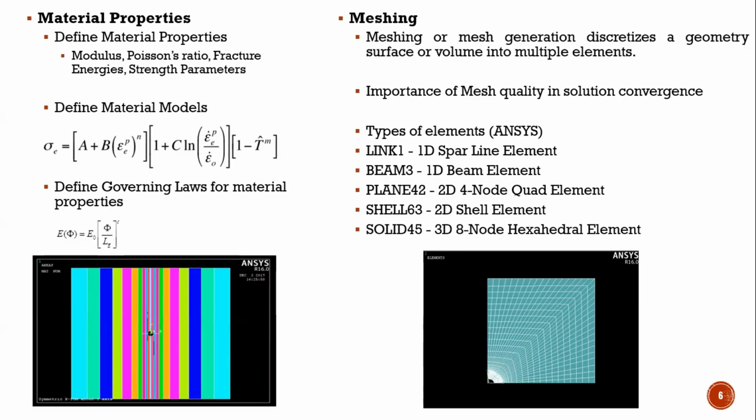Then we have to define our material model. This particular one is the Johnson-Cook material model that we use for metals. Generally in software packages, when we define any geometry or a problem at the beginning, it considers its own material model. But if you want to go for a specific material model, using user subroutines, we can define our own material models and integrate them into our software package.